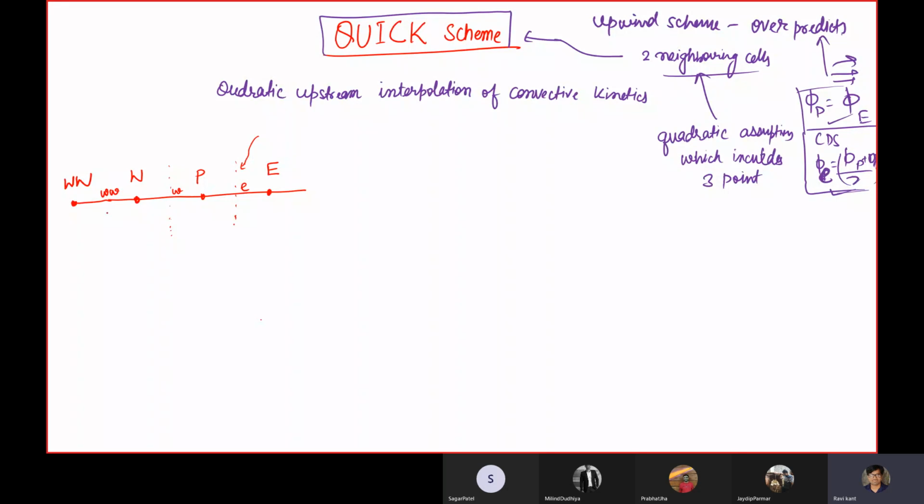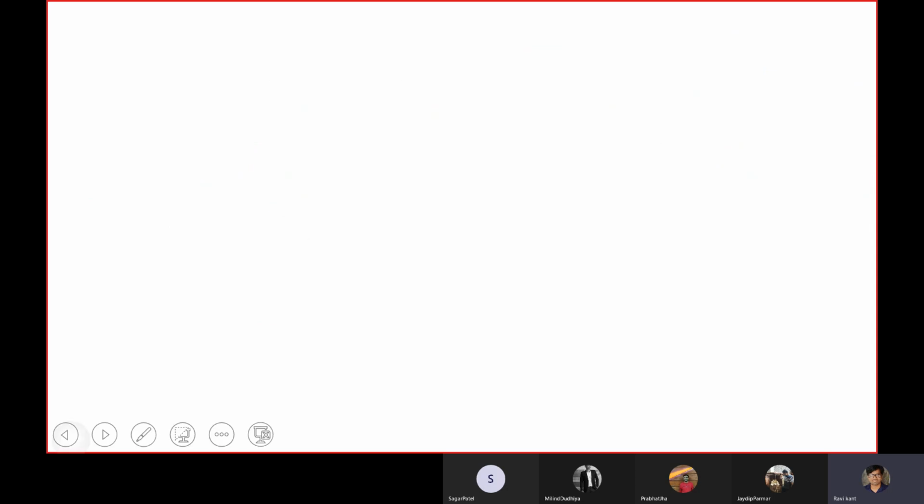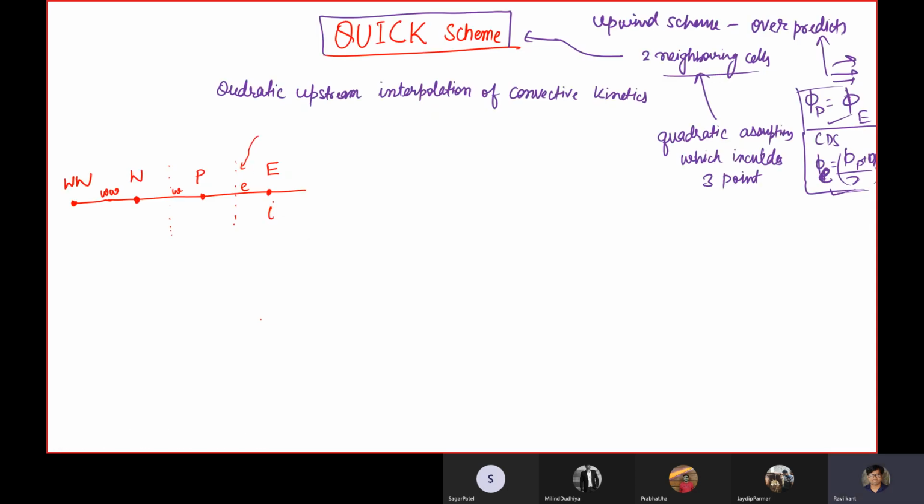More generically, we usually take this as the ith node, then the I minus 1th node, I minus 2 node.